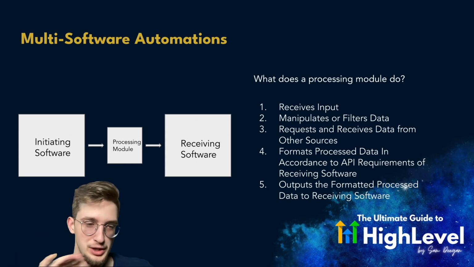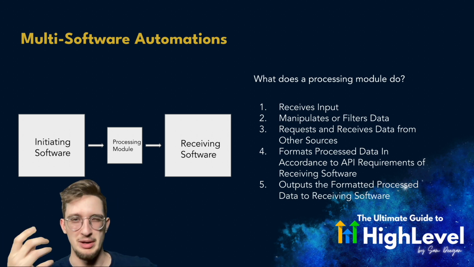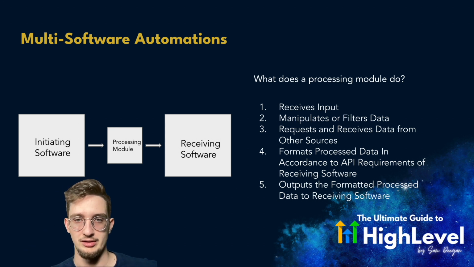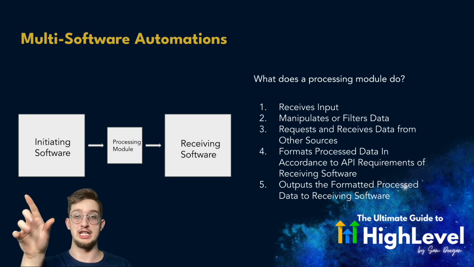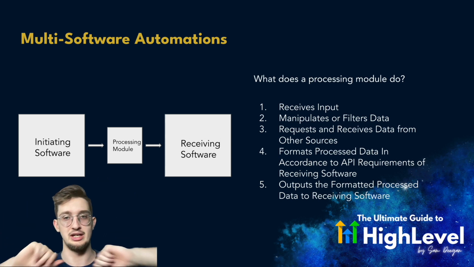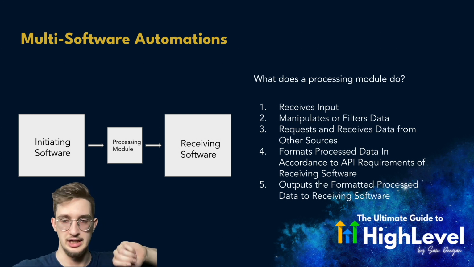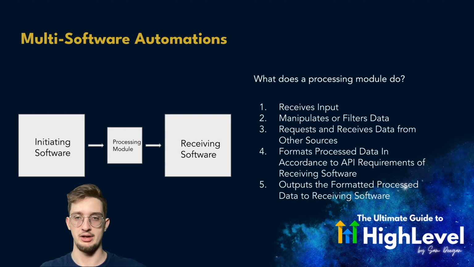Now, for the sake of an example, let's say that value is held within a custom field. So maybe you can start to understand it a little bit more. This is just an example, remember. I could say, only continue if the value is 1. So everything else that gets sent to this automation now just immediately gets filtered out. That's just an example of how a processing module can filter data out.